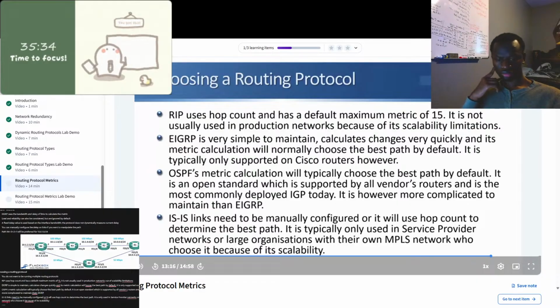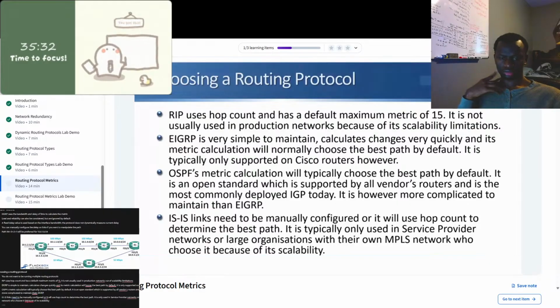It calculates changes very quickly, and its metric calculation will normally choose the best path by default. It is, however, typically only supported on Cisco routers. It was originally completely Cisco proprietary. Cisco made moves to open it up a while ago, but it's still mostly only supported on Cisco routers.